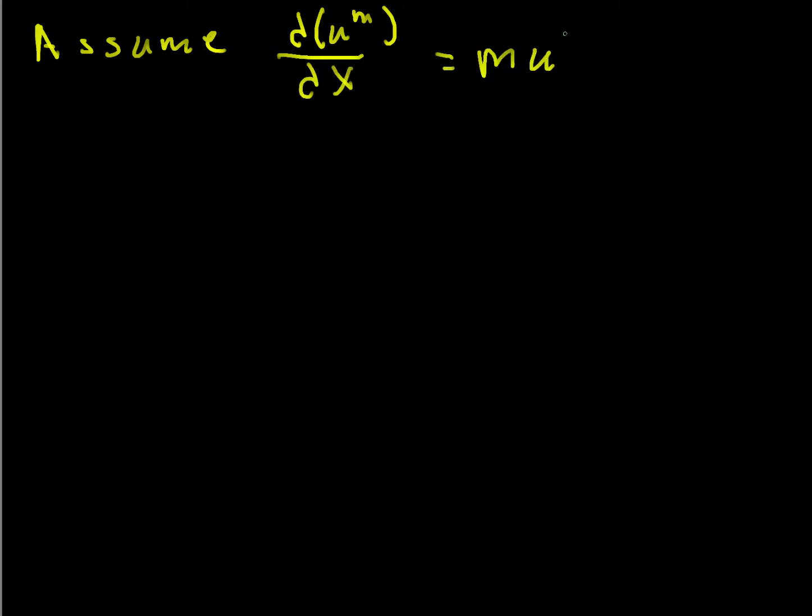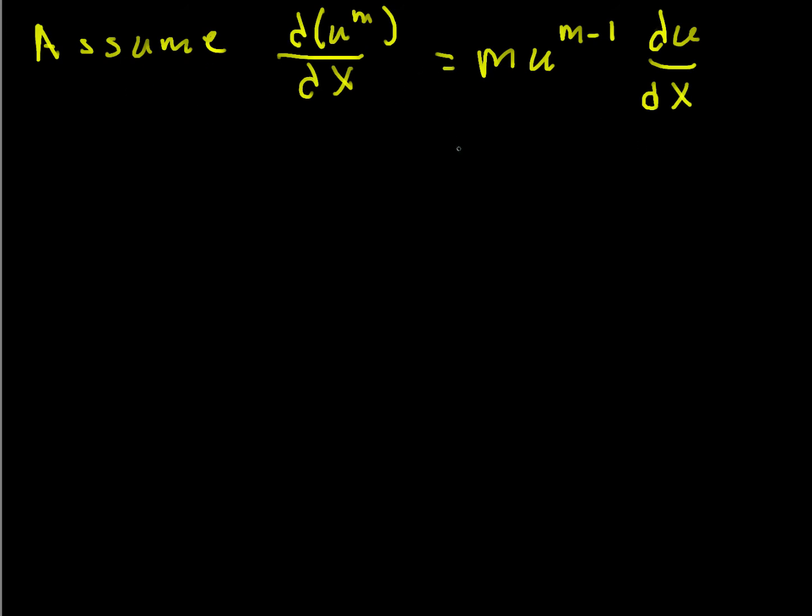Let's assume that we've shown that for m, the differential of u to the m with respect to x is equal to m u to the m minus 1 du/dx. We're assuming that we've already shown it, like we just did.